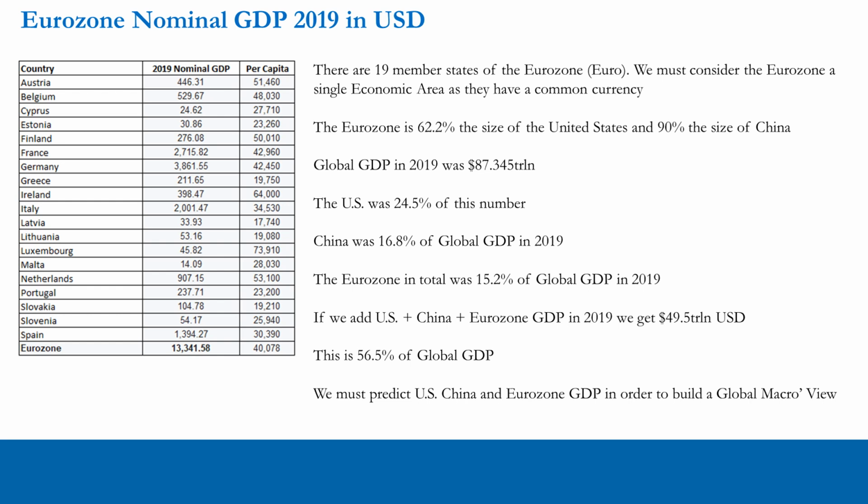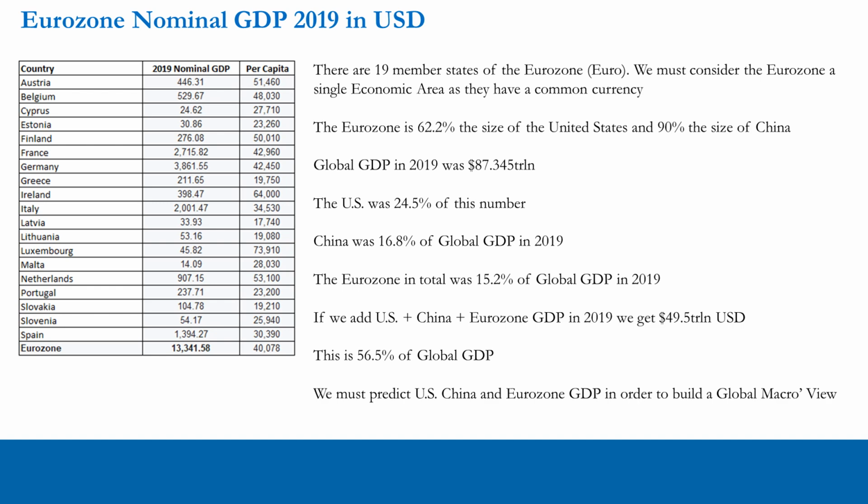And US GDP was 24.5% of that number. China was 16.8% of global GDP in 2019, and the Eurozone in total was 15.2% of that number in 2019.